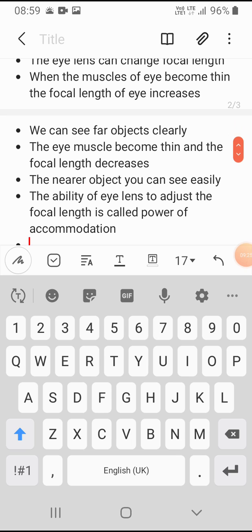Now you understand that adjusting the eye lens to see far and nearer objects is called the power of accommodation. I think you understand.